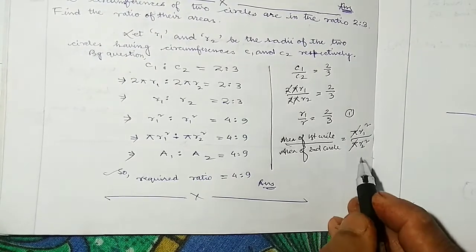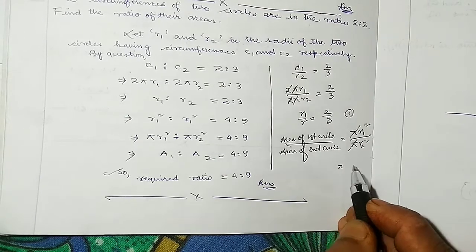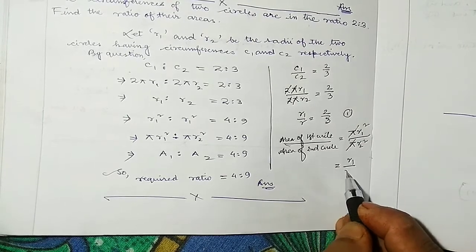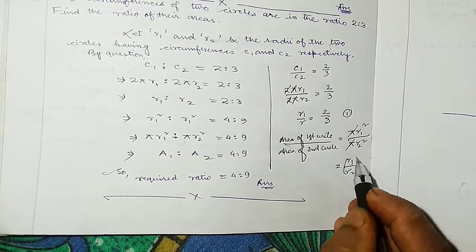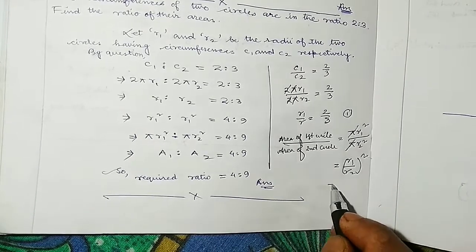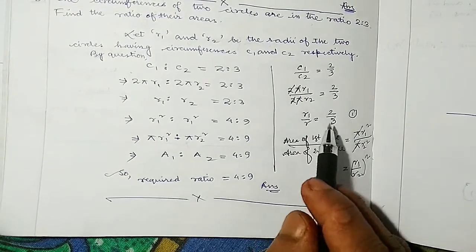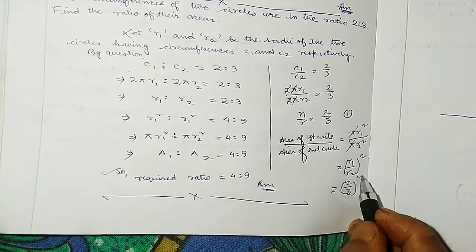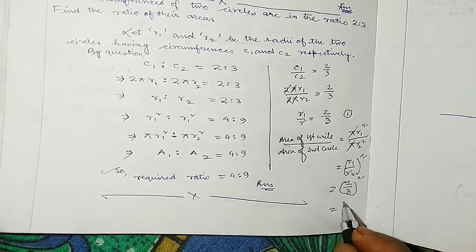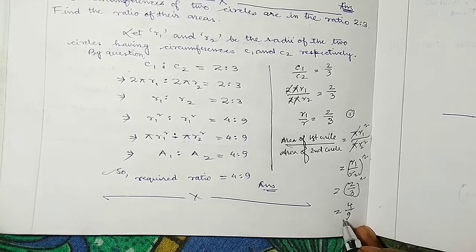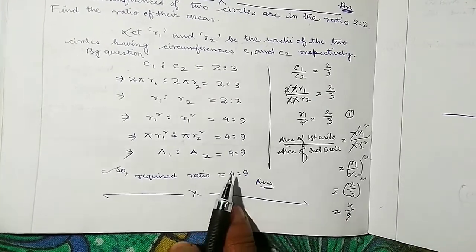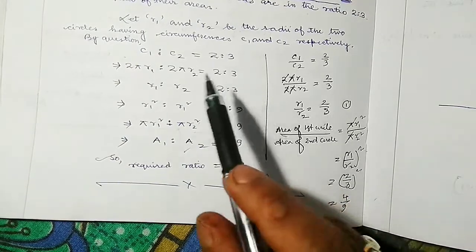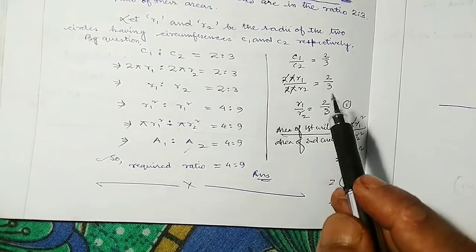We are left with r1 square by r2 square, which can be written as r1 by r2 whole square. Now r1 by r2 we know from equation number 1 is 2/3. 2/3 whole square, that means 4/9. Therefore the required ratio is 4:9. It's up to you, you can follow this process or this process. I hope this sum is clear.